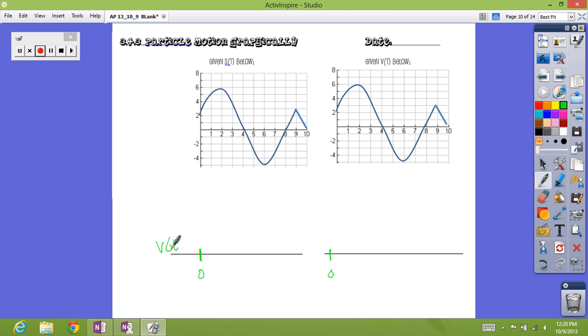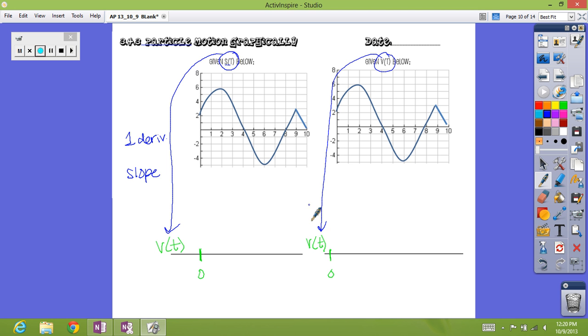This is velocity, and this will be velocity. And you're going to use your knowledge of what you learned from before. To get from position to velocity, I would take one derivative to get there, and therefore, I should be saying the word slope. Velocity to acceleration means I should be saying the word y-values here.